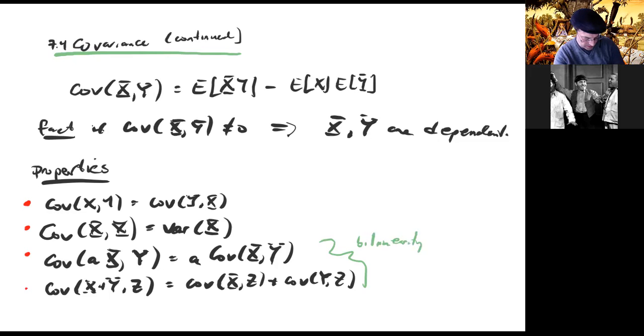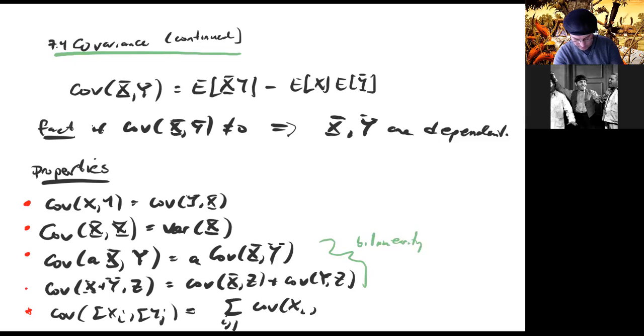And then we can actually extend the bilinearity to any number of things. We can take the covariance of some sum of xi with some sum of yj, any finite sums, and this breaks up as a double sum over i and j of the covariance of each atom, xi and yj. So these are basic properties that the covariance satisfies. There are a couple more coming. I'm just running out of space on this slide.